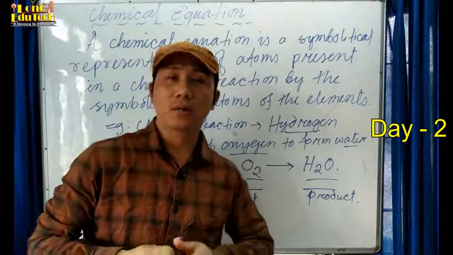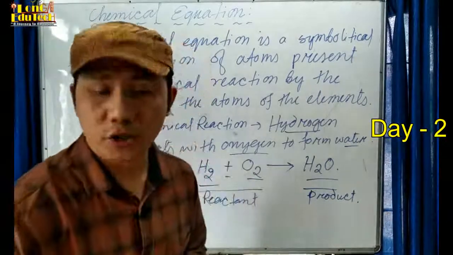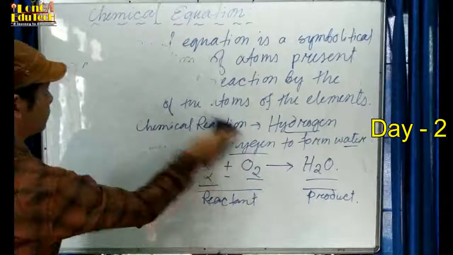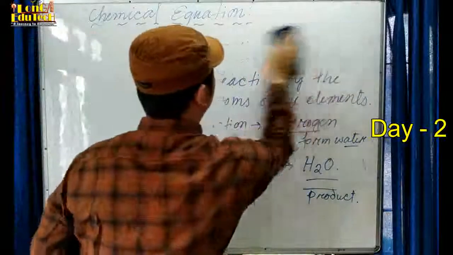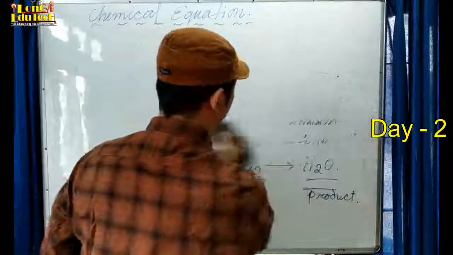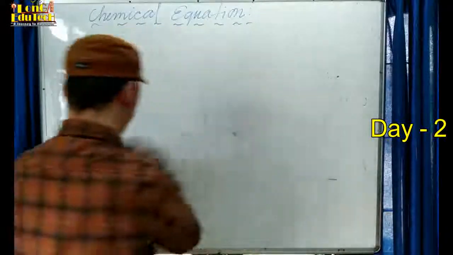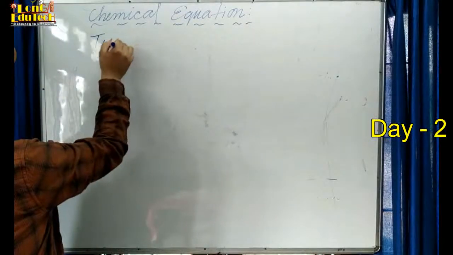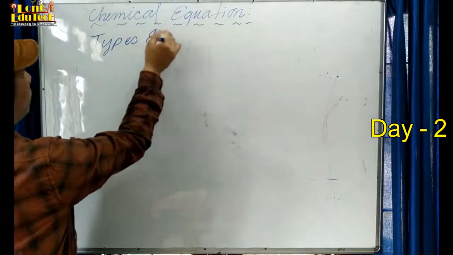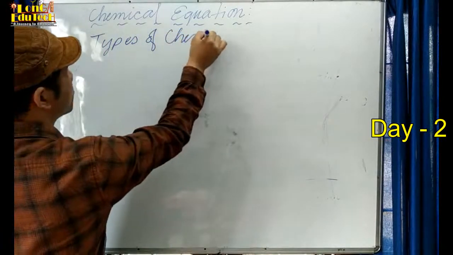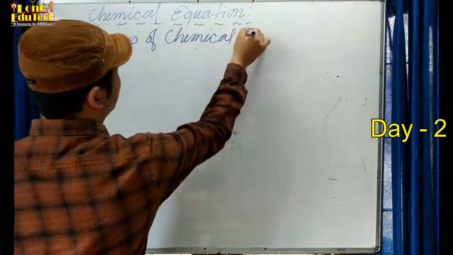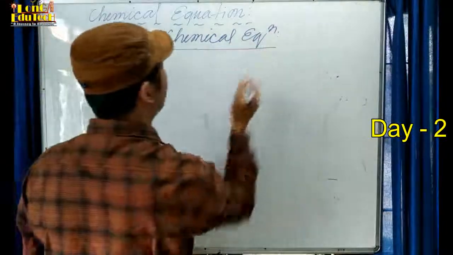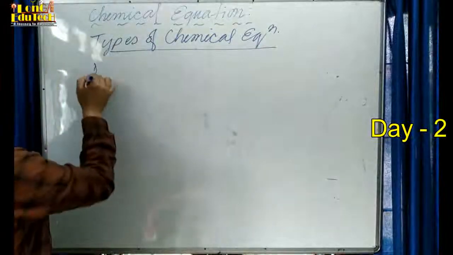Now let us learn about the types of chemical equations. Broadly, we divide chemical equations into two types.